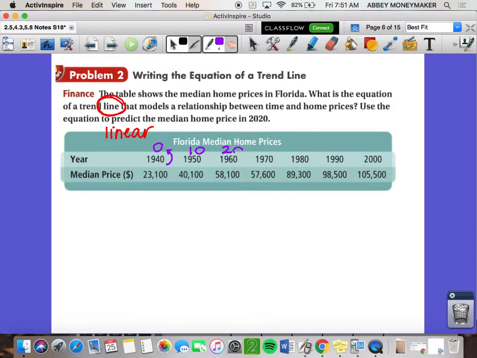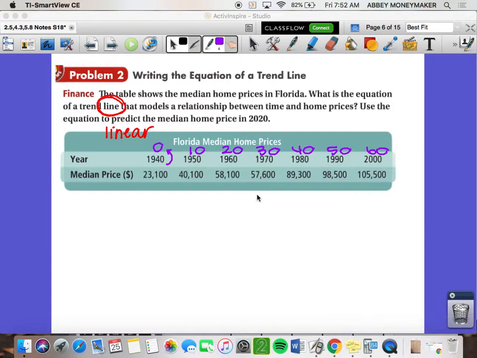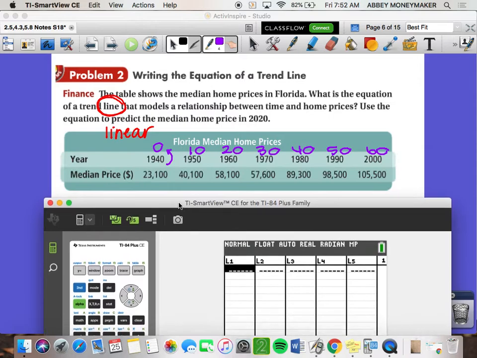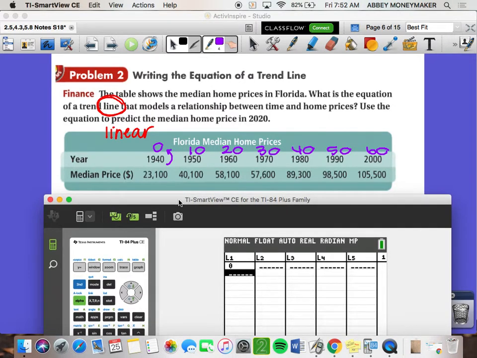This would be 20, 30, 40, 50, and 60. It just allows us to work with smaller numbers, and we always like that, so that's what we are going to do. So let's type in 0, 10, 20, 30, 40, 50, 60, and that's all.